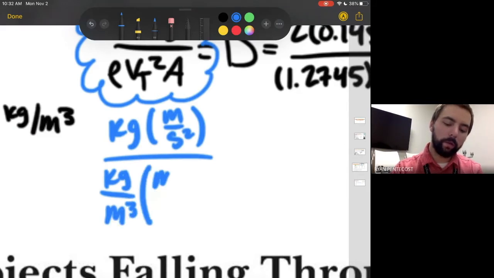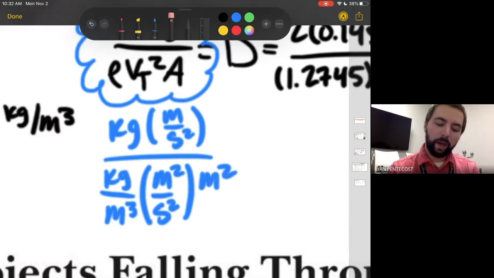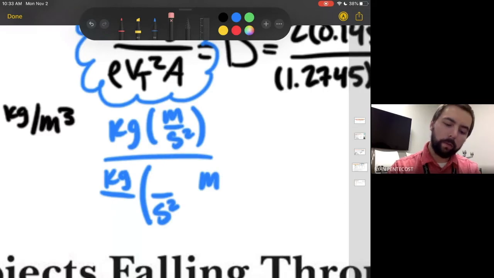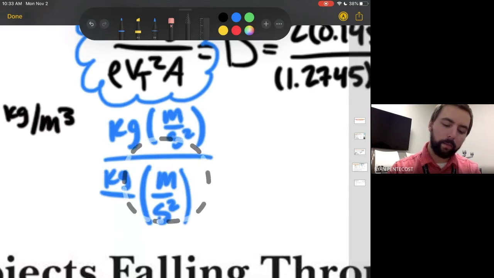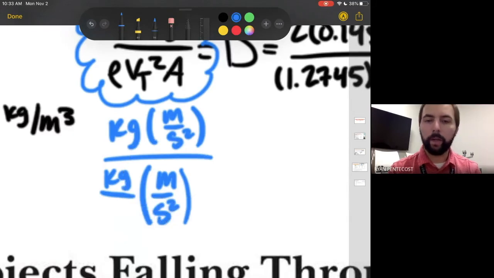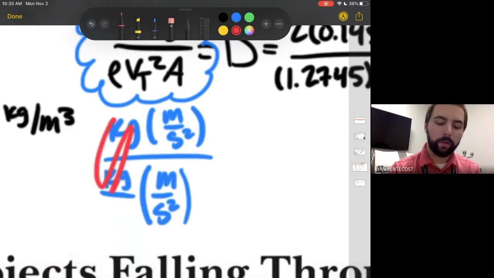Velocity is meters divided by seconds, but then we square that, and then we have area, which is meters squared. So we've got 4 meters on top, 3 meters on bottom, so let's get rid of those. All we have left is kilogram meters per second squared divided by kilogram meter per second squared, which all just cancels.